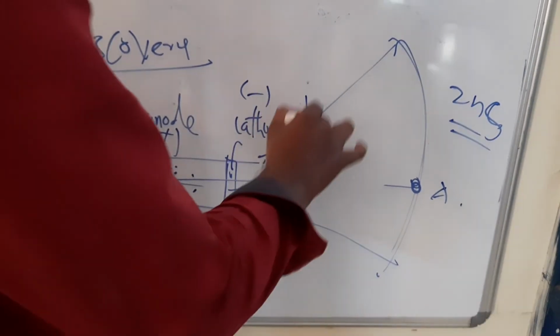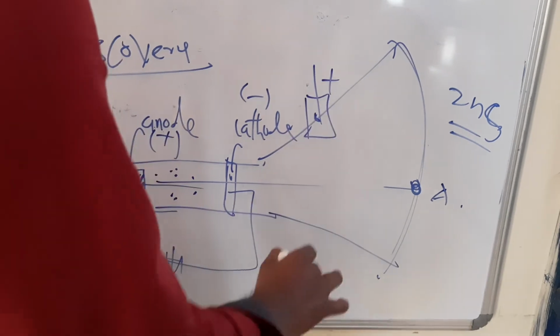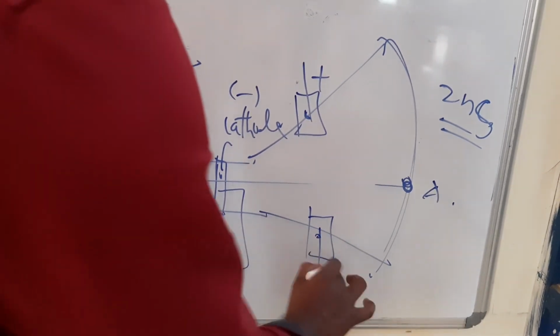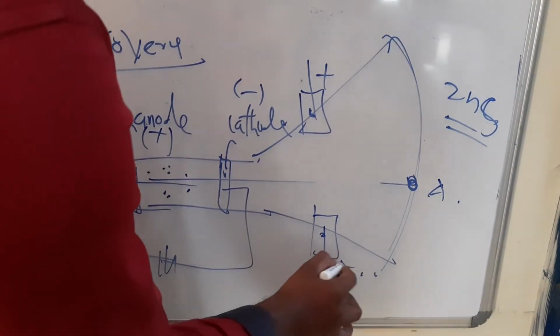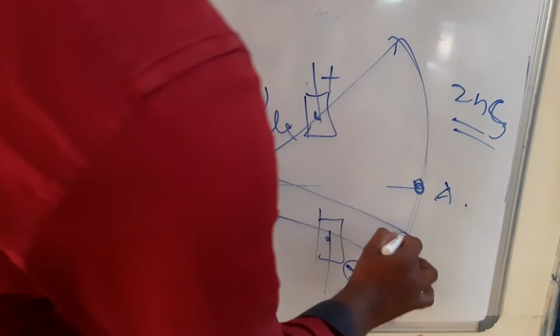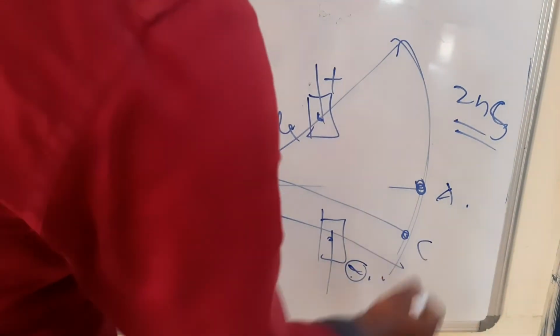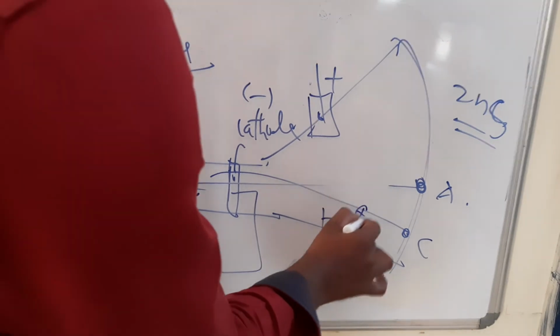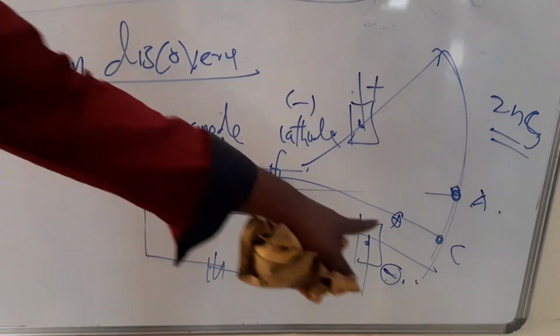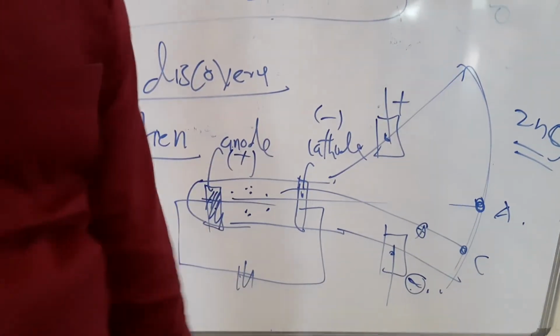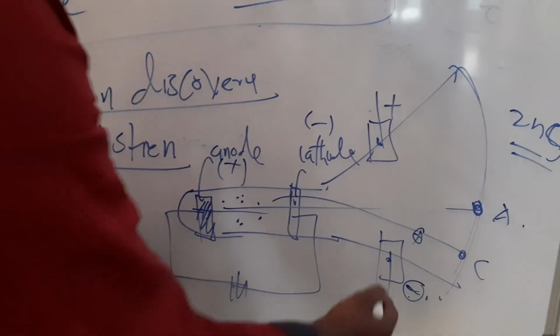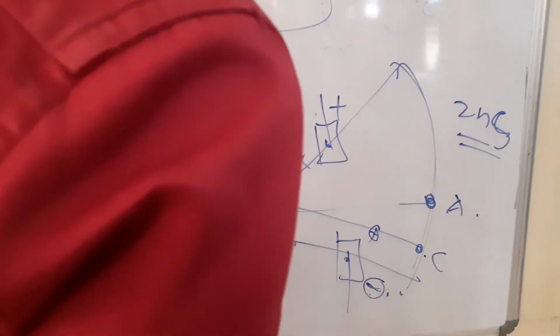But in the presence of an electric field, they are attracted towards the negative plate and touch point C, because they are positively charged particles.